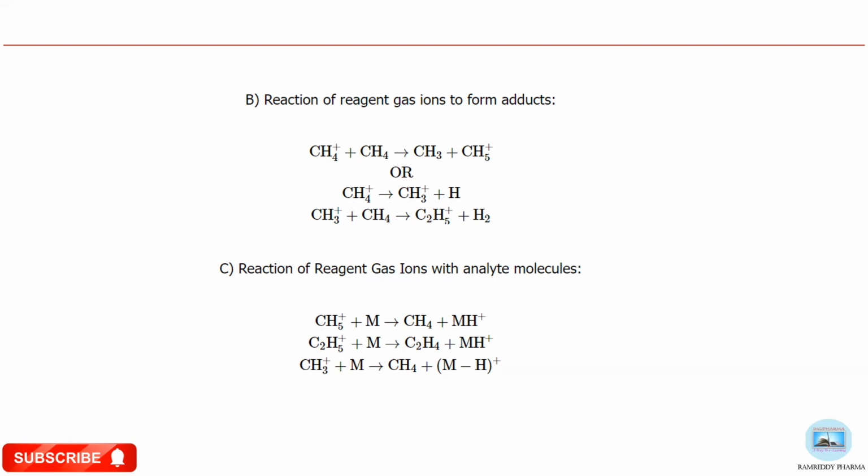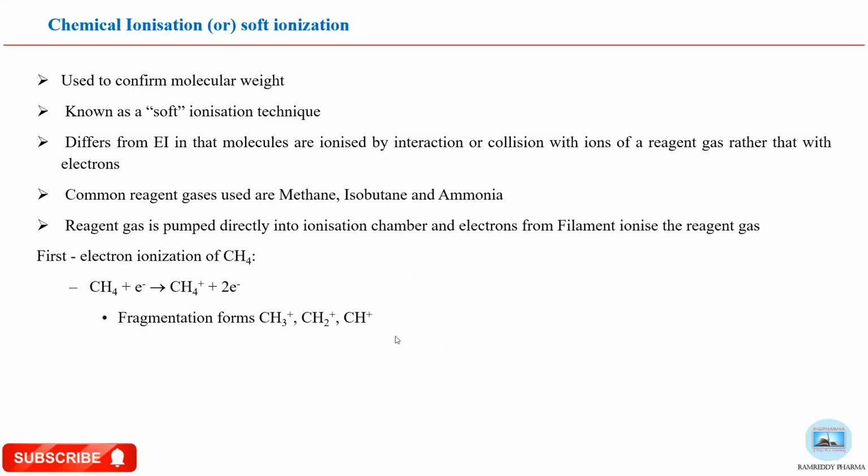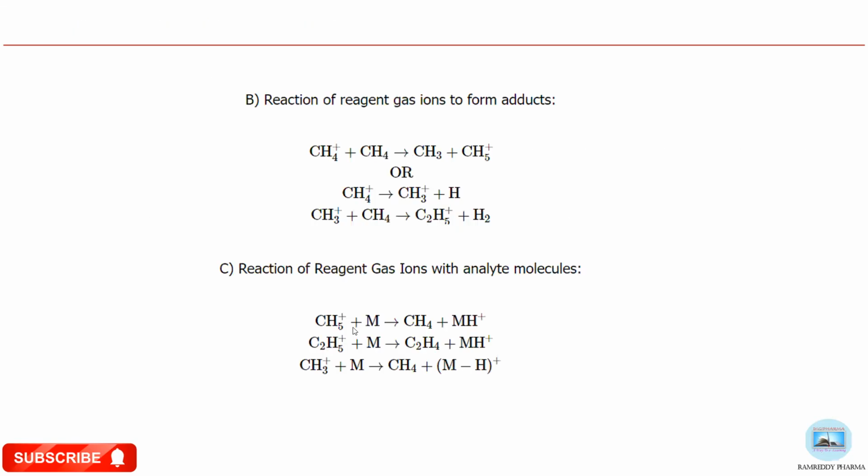In this case, first the high energy electrons impact the reagent gas. The reagent gas undergoes ionization, and there is a chance of fragmentation of the reagent gas. Now the ionized reagent gases interact with the molecule and cause the ionization of your molecule.